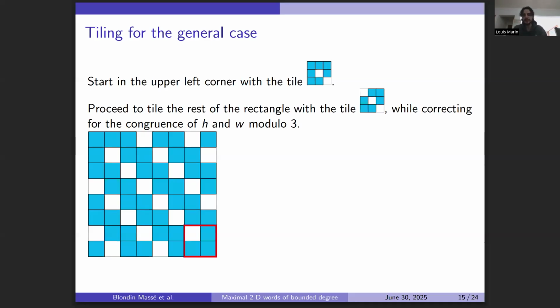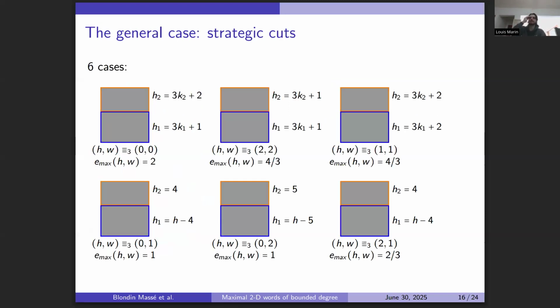And the way to prove it is, of course, by induction, but by doing what we call strategic cuts. For all of the 6 cases, this is the theorized maximal excess that we have for each case of congruence. So let's say when both H and W are equal to 0 modulo 3, then we theorize that the maximal excess is 2.